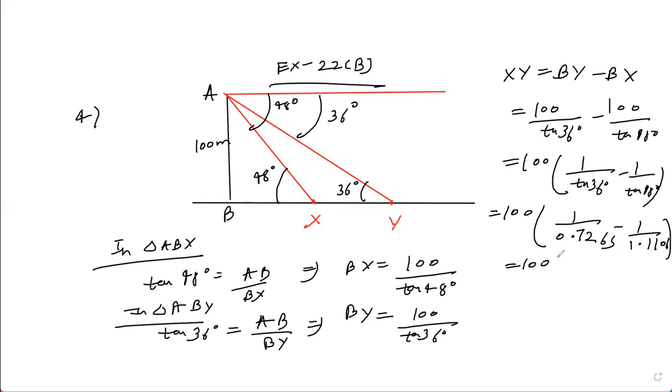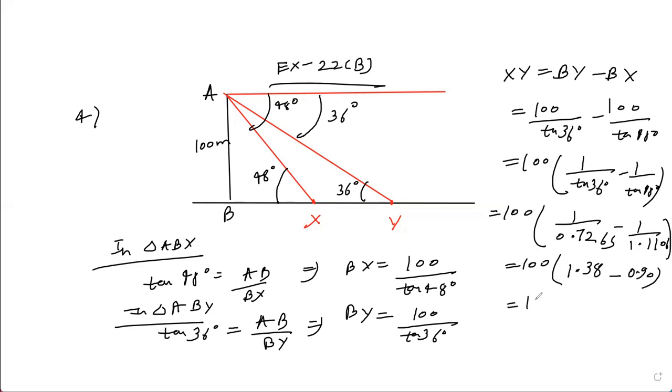Now, if we calculate this, then approximately 1 by 0.7265 will be 1.38, and similarly 1 divided by 1.1106 is going to be 0.90.